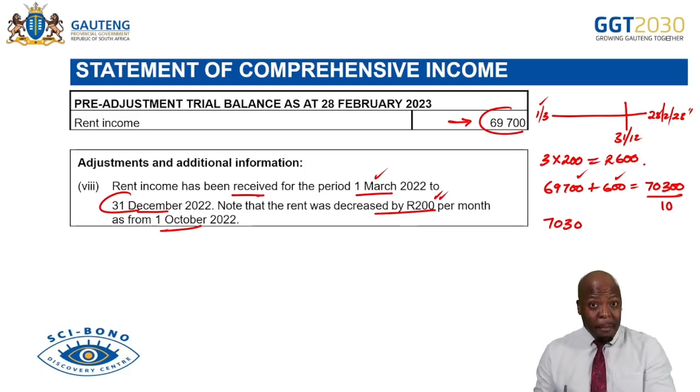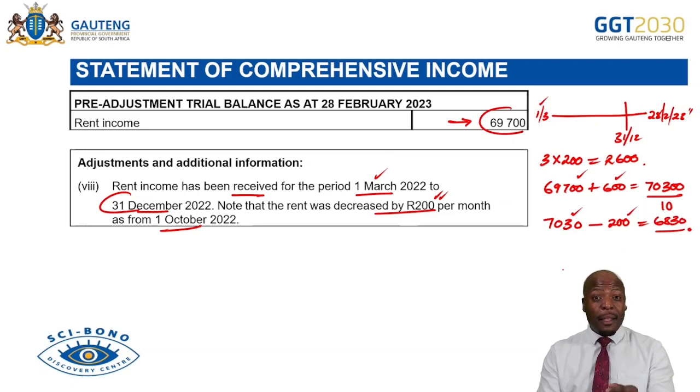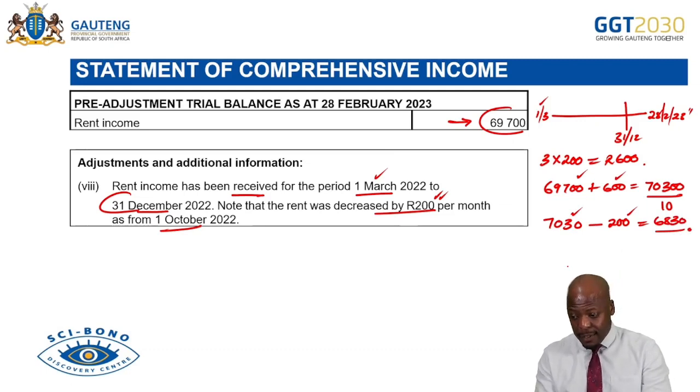Then it decreased by 200. How much is the rent after the decrease per month? So it's 7,030 minus 200. That gives you 6,830. That is rent per month after decrease.